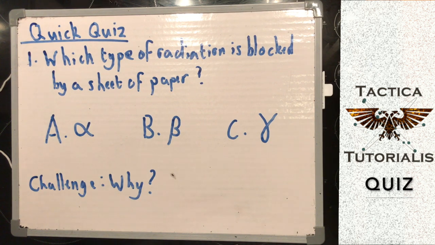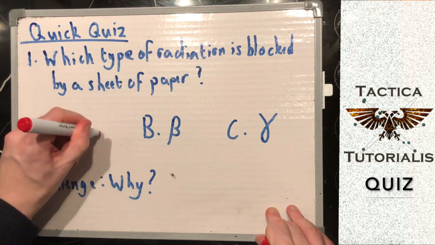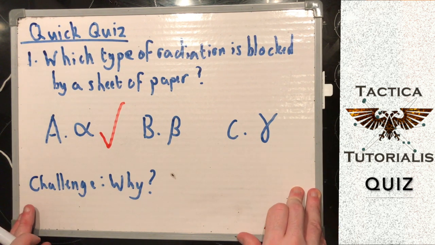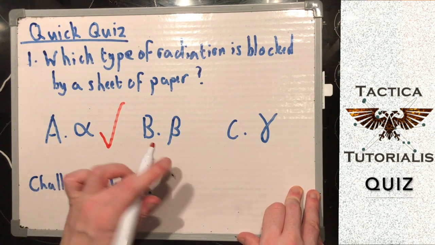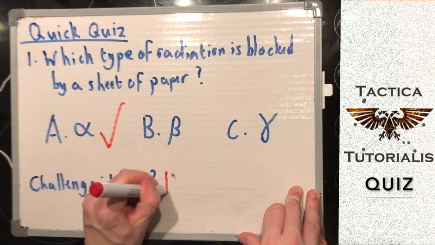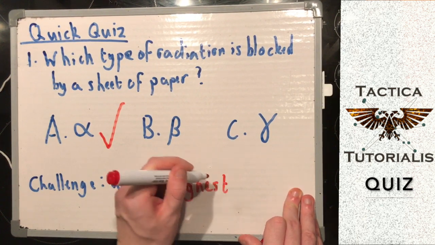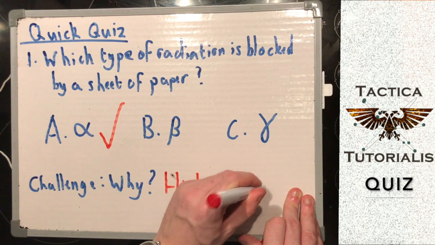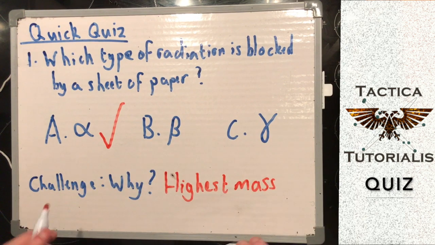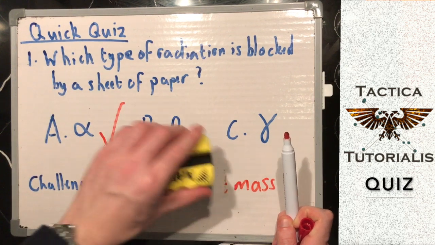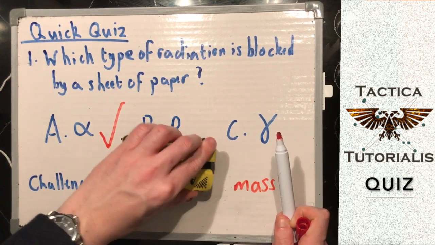So, the answer is alpha radiation. Alpha radiation is blocked by a sheet of paper. As for why, well, that comes down to its mass. Actually, it's not because it has the highest mass, it's because it just has a high mass.